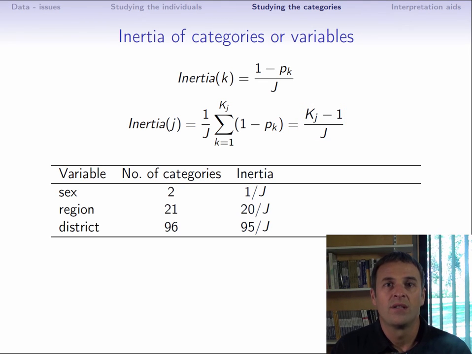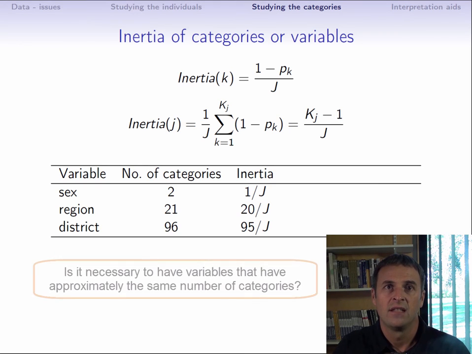For example, in a questionnaire, the variable sex has two categories, and therefore an inertia of 1 over J, that is 1 over the number of variables. In contrast, the region variable has 21 categories, so the total inertia of this variable is 20 over J.